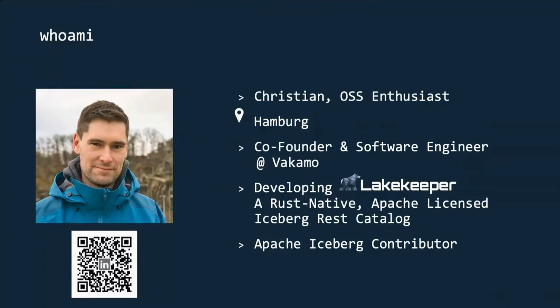Said in one word, Lakekeeper is a Rust-native Apache Iceberg REST Catalog. The folks who are using Iceberg probably know what that is now, the others maybe not. I'm a contributor to Iceberg, mainly to Iceberg RS, the Rust side of things. Also a little bit to the core project, but mainly on the REST specification.